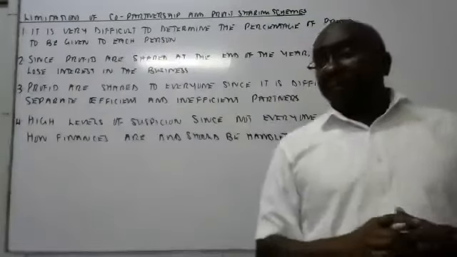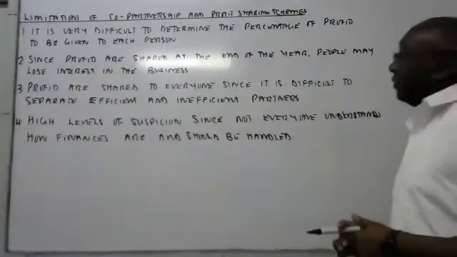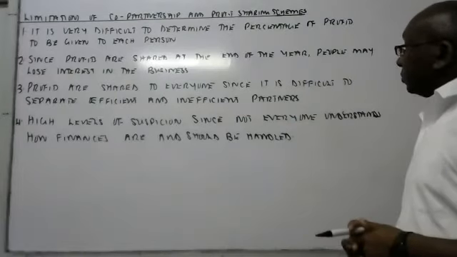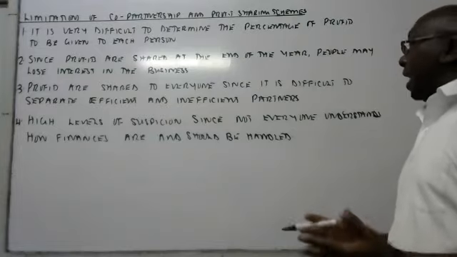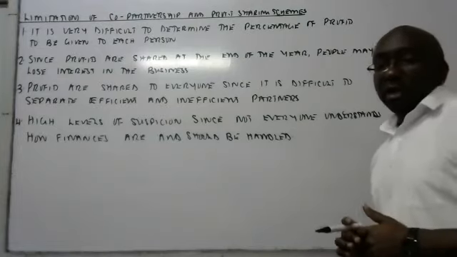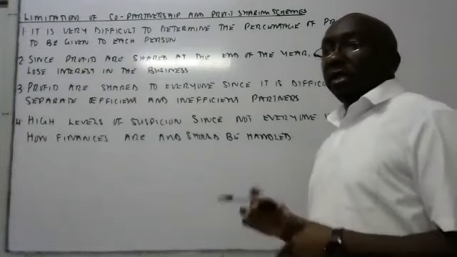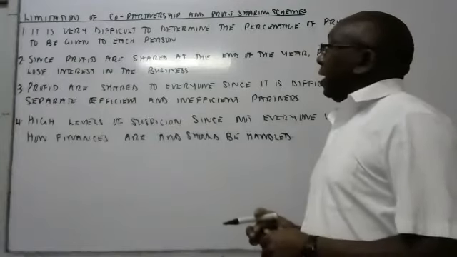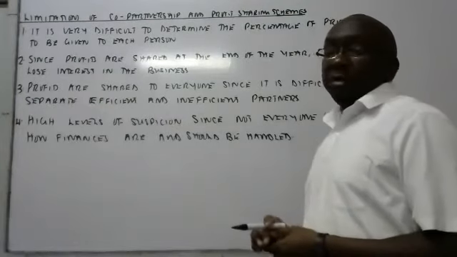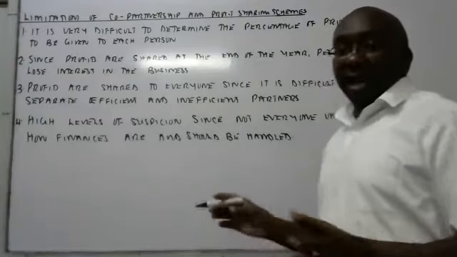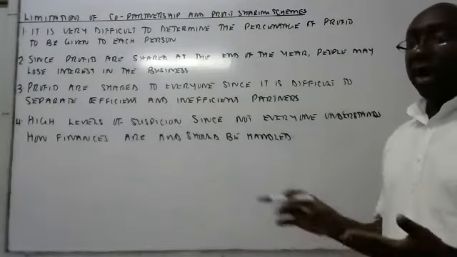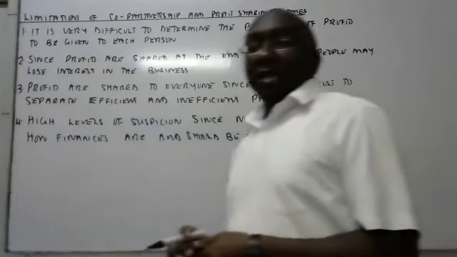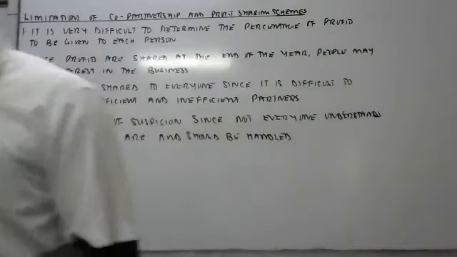Yeah, that's a problem, that we have high levels of suspicion since not everyone understands how finances are and how they should be handled. So utapata watu wanashinda wakishukiana, this one thinks the other one is misappropriating finances, this one is hiding money, this one is doing something not good. And when we have this suspicion, then you realize that people cannot go very far.